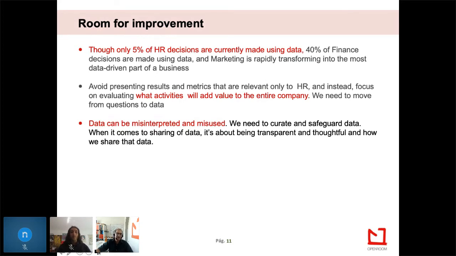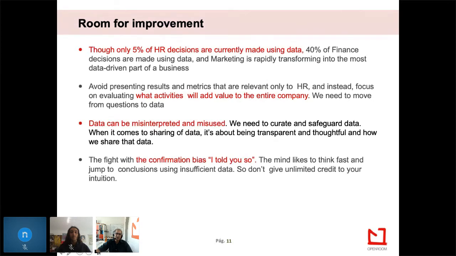Another thing that we need to solve in the near future, as we use this data to leverage the hybrid workplace that we are living in, is to fight the confirmation bias of "I told you so." This is the mind's tendency to jump quickly to conclusions using insufficient data.